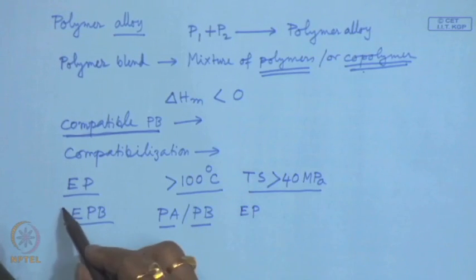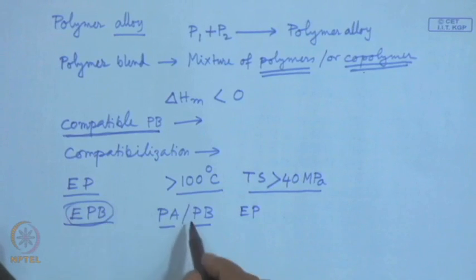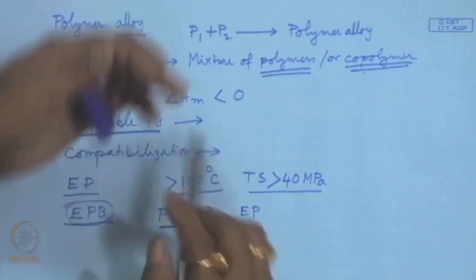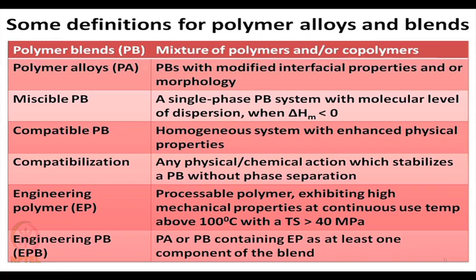That is known as an engineering polymer blend. So, once again I repeat, for a polymer blend having components PA, polymer alloy or polymer blend, either of these two should be an engineering polymer.